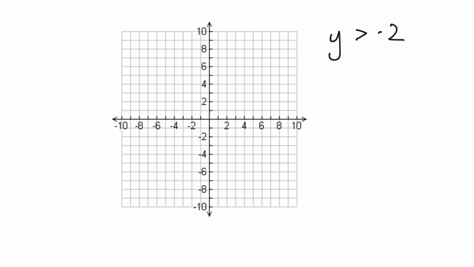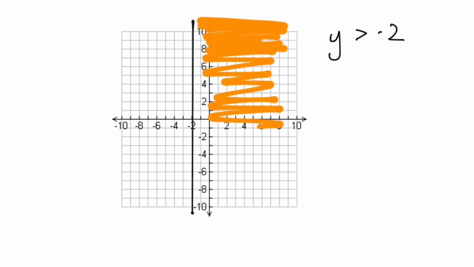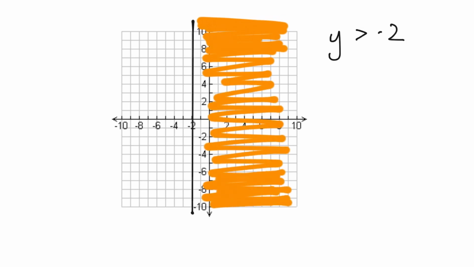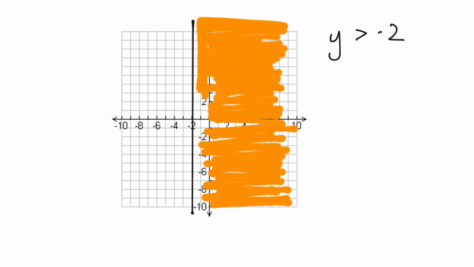So y is greater than -2 means that it's a straight line through the middle, and any portion that's greater than -2 will need to be shaded. That would be basically everything above that line on the y-axis.